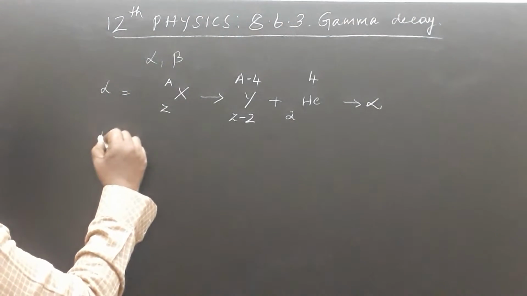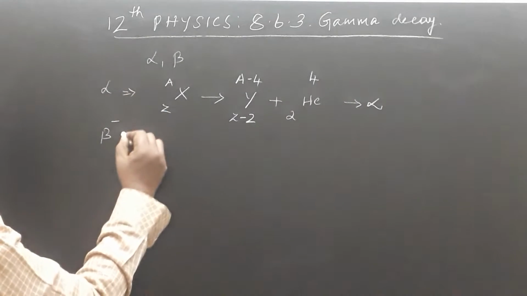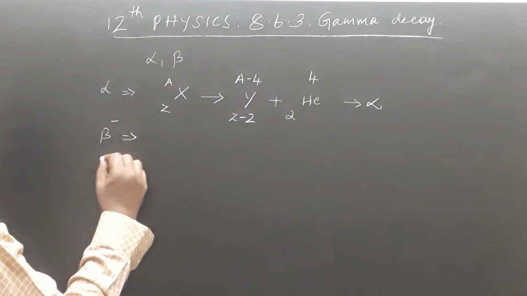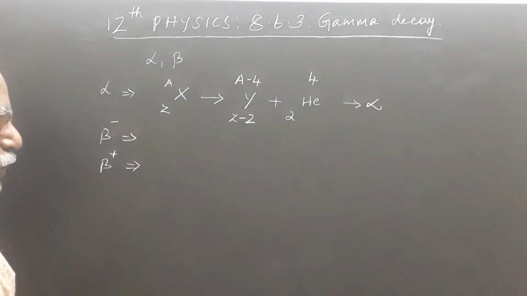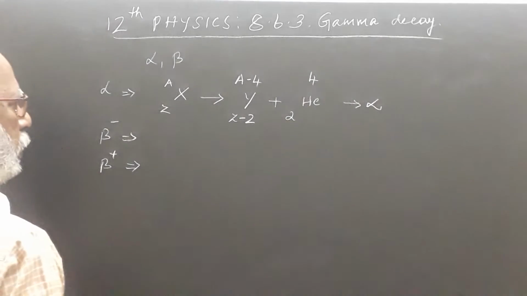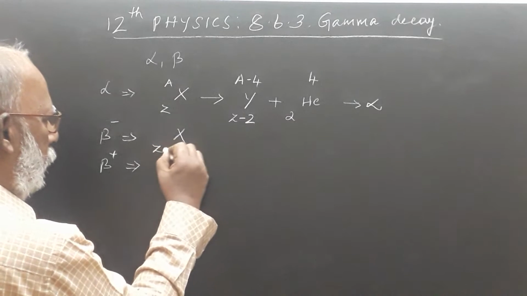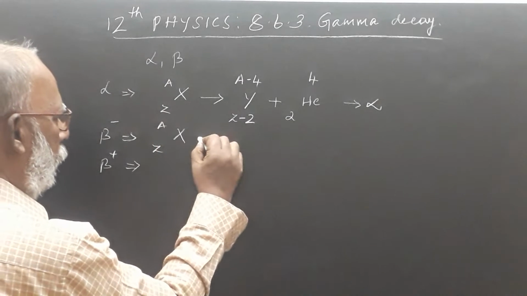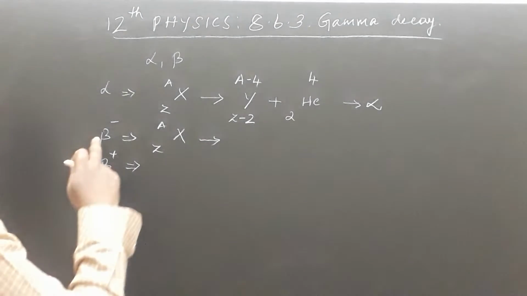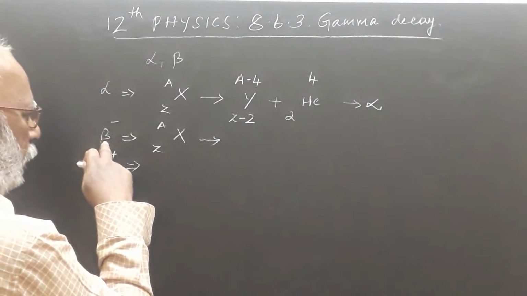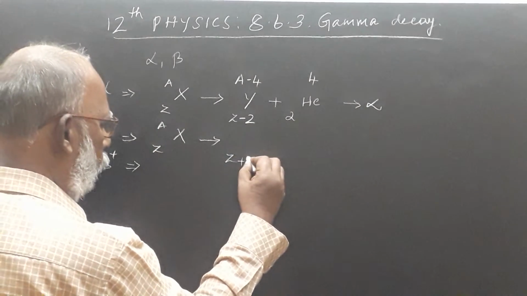When we say beta decay, beta minus and beta plus. Beta minus is nothing but electron emission. If you say parent atom ZXA, then with the emission of one beta particle, that is called electron emission, we have to add Z plus 1.